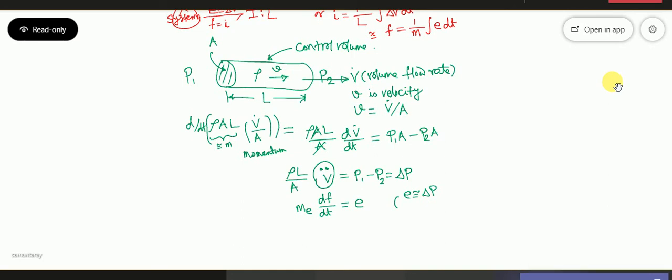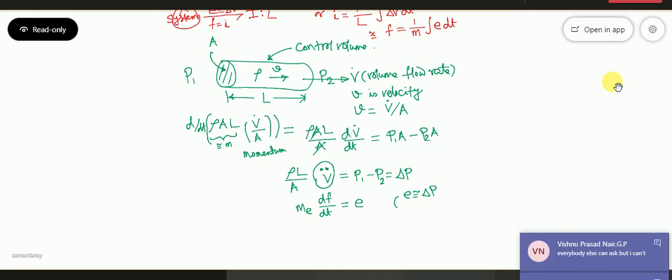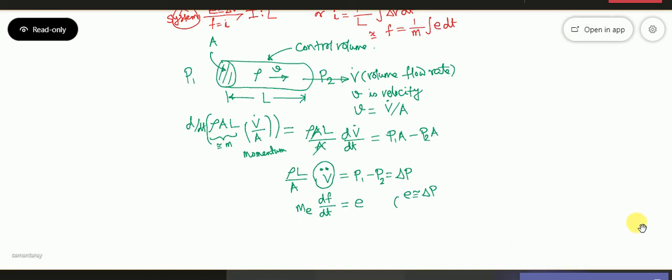This is of course a hydraulic system. So that's another definition of inertia.